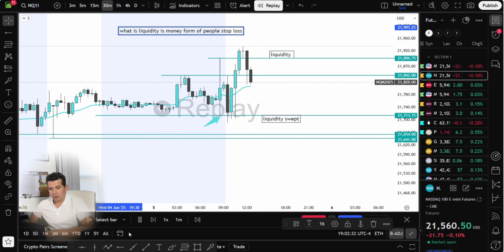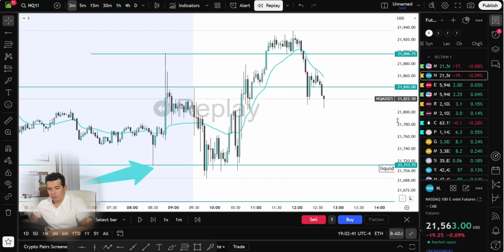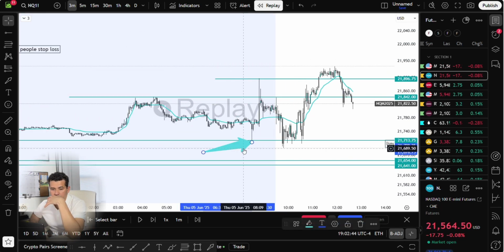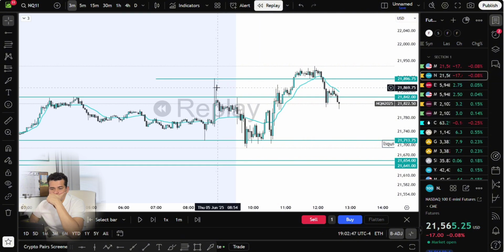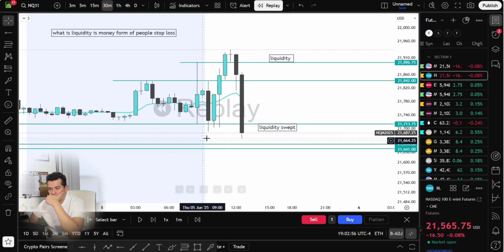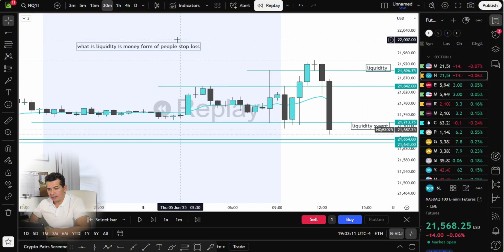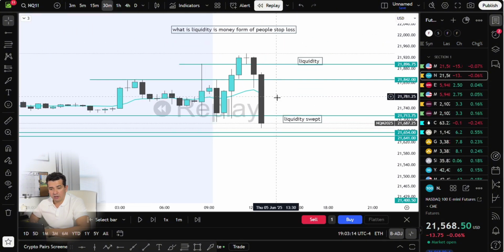and then, so we are on the 30 minutes time frame, but it will look different on the 3-minute time frame. So let's switch it out. Okay, check this out. All right, so you see price came up here, took these highs, the liquidity, came down, and then a drop, took these lows over here, liquidity sweep. This was 30 minutes, but I execute my trades on the 3 minutes time frame.